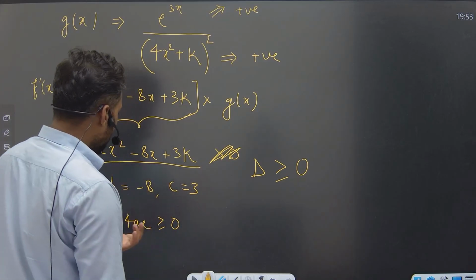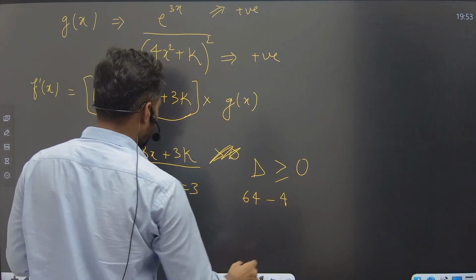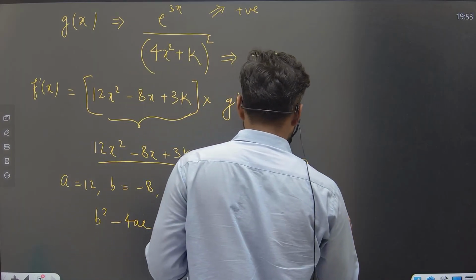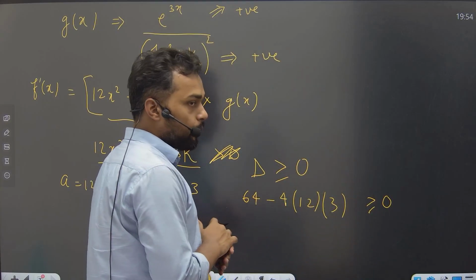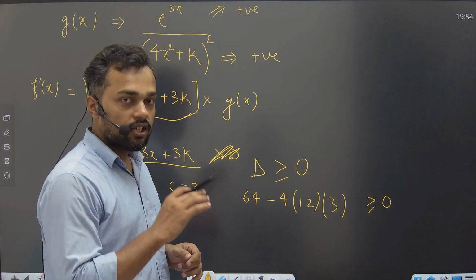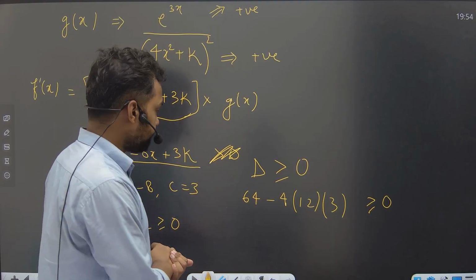If we plug the values here, it will be 64 minus 4 times a into c. This must be greater than or equal to 0, then only the real roots will be possible for x.